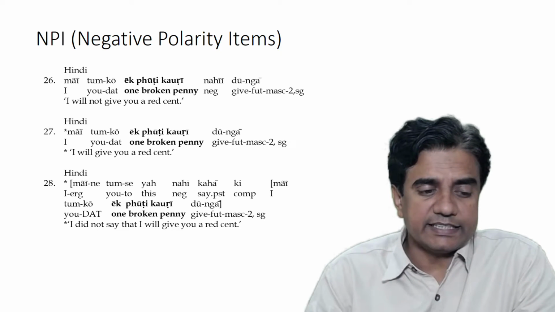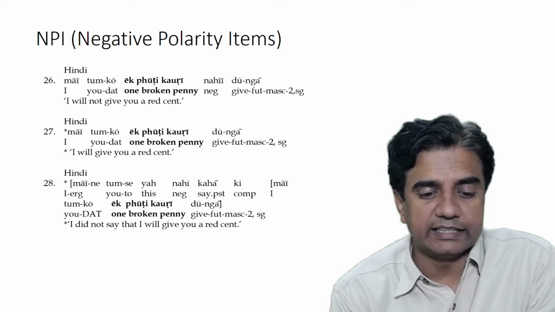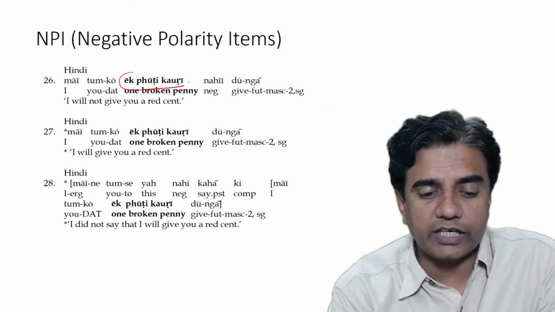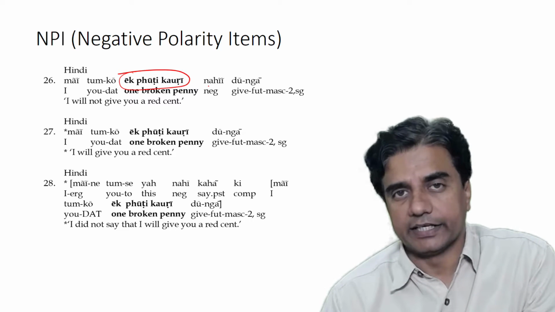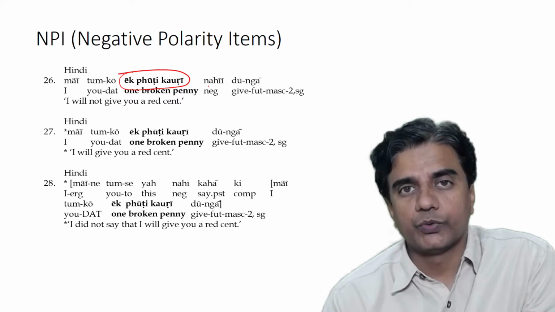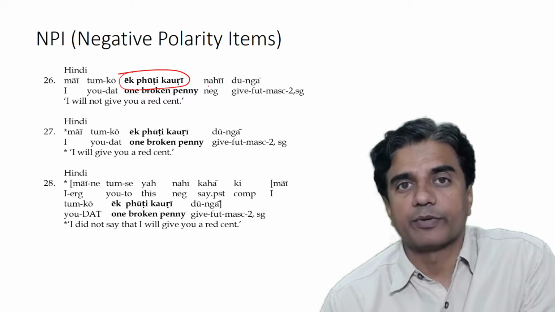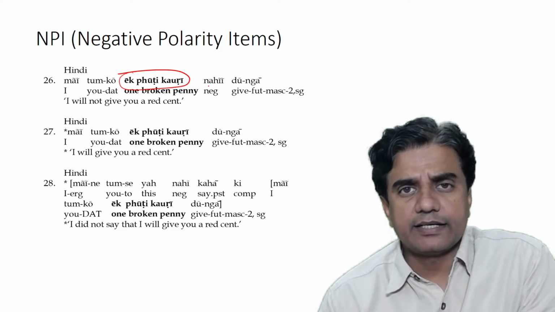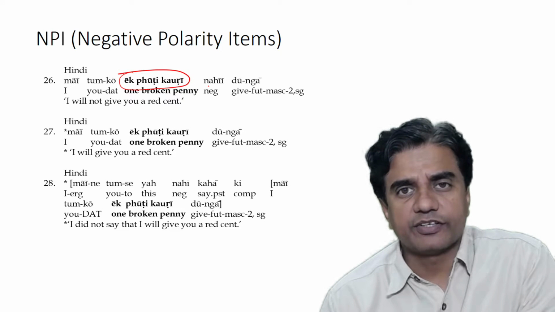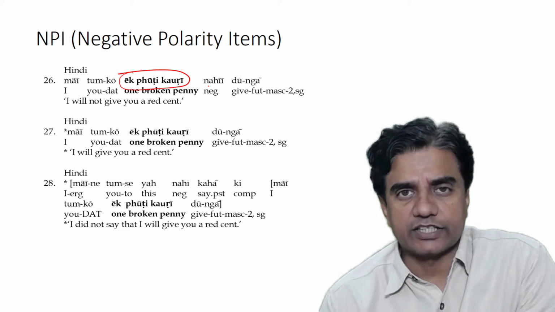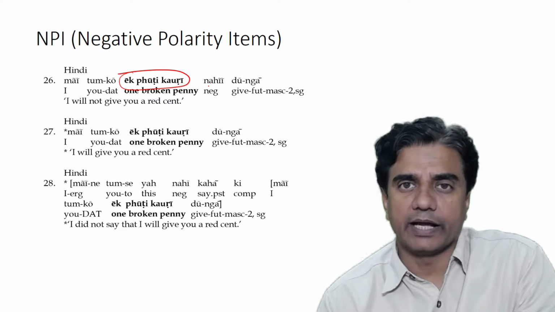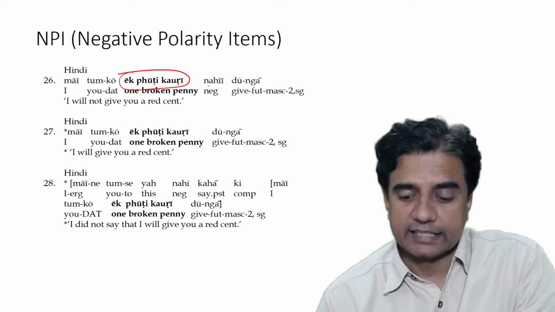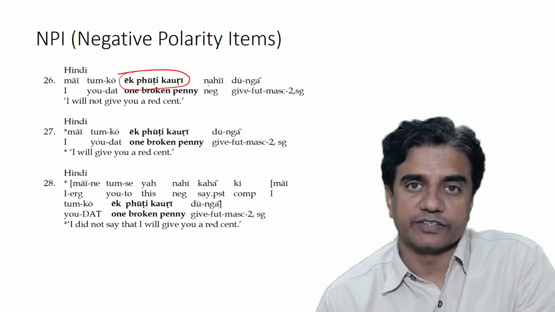In sentence 26 from Hindi, ek fuuti kauri is an example of a negative polarity item. And I'll demonstrate to you why we say this is an example of a negative polarity item. This is a frozen metaphorical expression, but in a Hindi sentence, it occurs only when a negative element is present in the sentential position in the clause structure of a sentence.